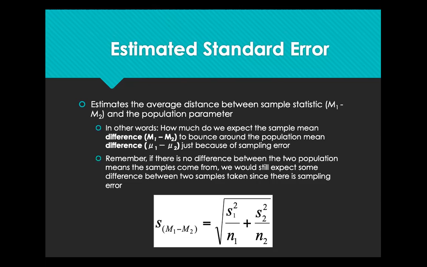In other words, how much do we expect the sample mean difference, again, we're looking at differences between two means, how much do we expect that difference to bounce around the population mean difference just because of sampling error, right? So we're looking at what's the standard error, or the standard deviation, of this sampling distribution of mean differences.